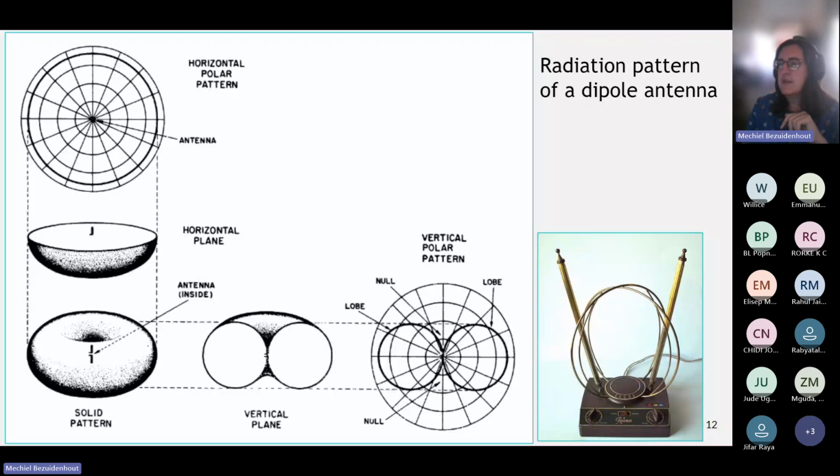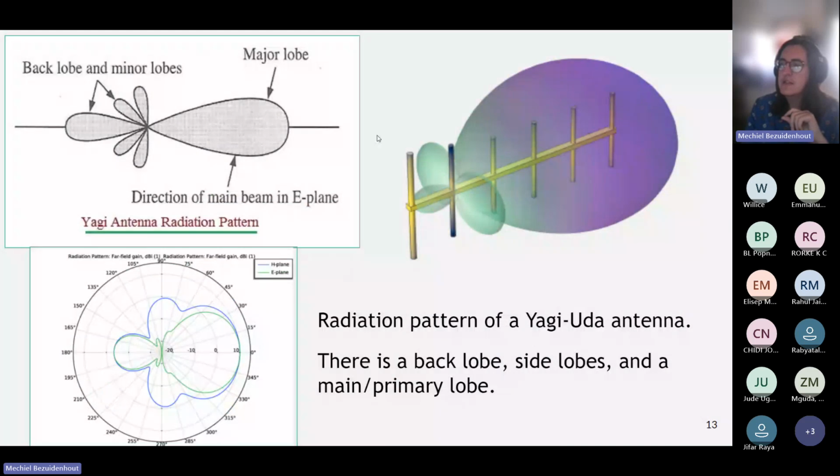Now this is the radiation pattern for a Yagi-Uda antenna. And here you can see this principle of the major lobe, which is in the direction where it's most sensitive. So it's directional. It's most sensitive parallel to the antenna and in one direction.